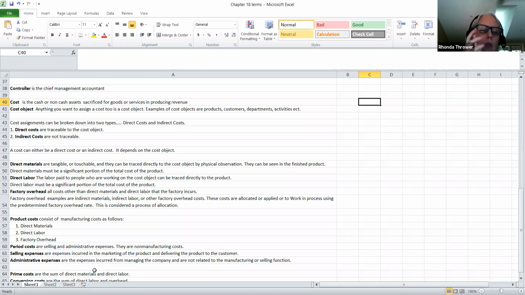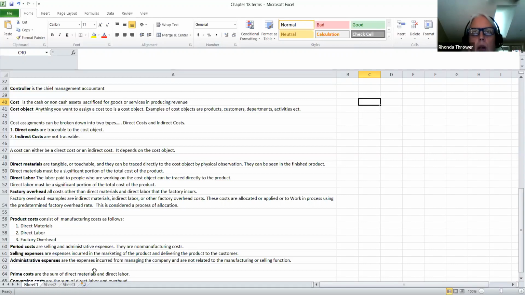Administrative expenses are the operating expenses that are incurred for managing the company, and they're not really related to the manufacturing or the selling functions. So if you're paying your controller a salary, most likely that will be a type of administrative expense.